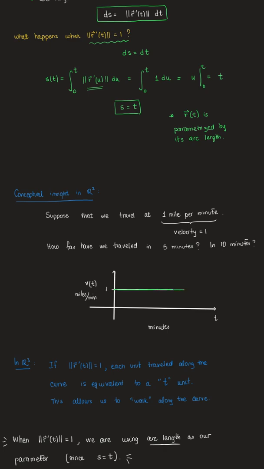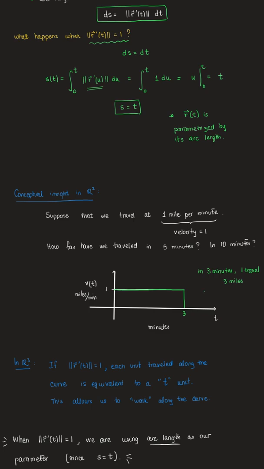I'm going 1 mile per minute. If I travel 3 minutes, then I know that I have traveled 3 miles. So in 3 minutes, since I'm going 1 mile per minute, I travel 3 miles. In 5 minutes, I would travel 5 miles.